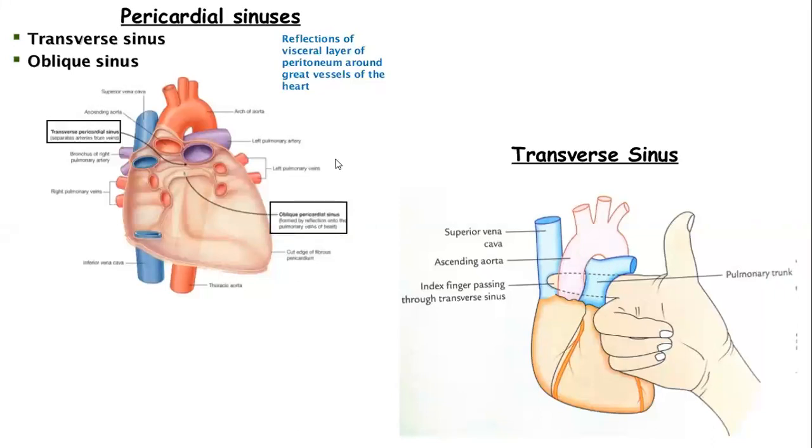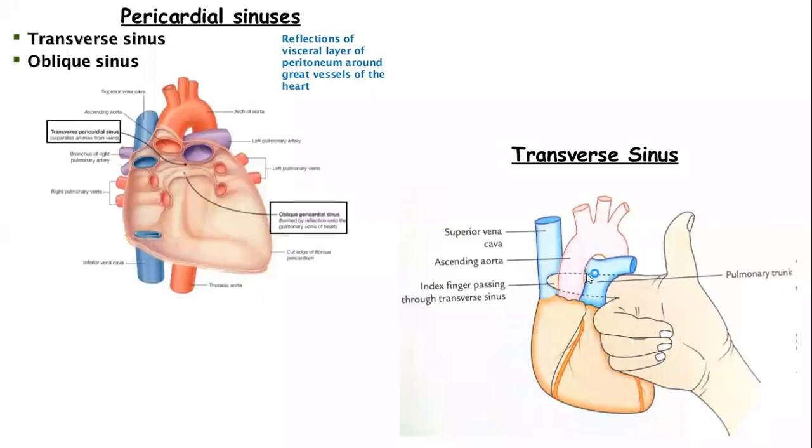The transverse sinus is a passageway that is formed within the pericardial cavity by the reflection of the visceral pericardium over the posterior surface of the pulmonary trunk and aorta and the anterior surface of the superior vena cava and pulmonary veins.